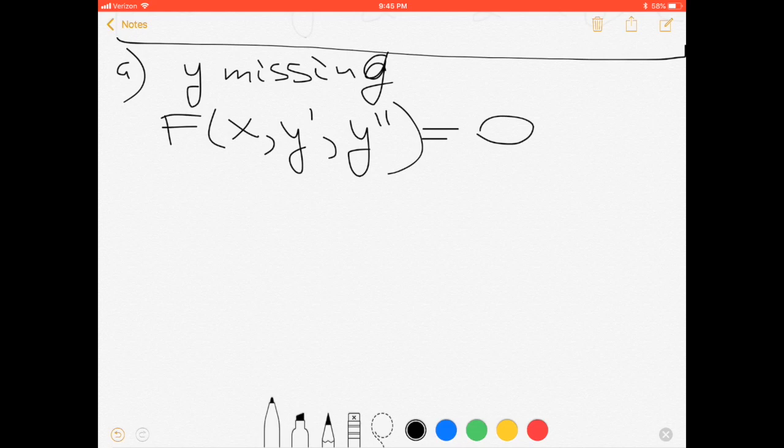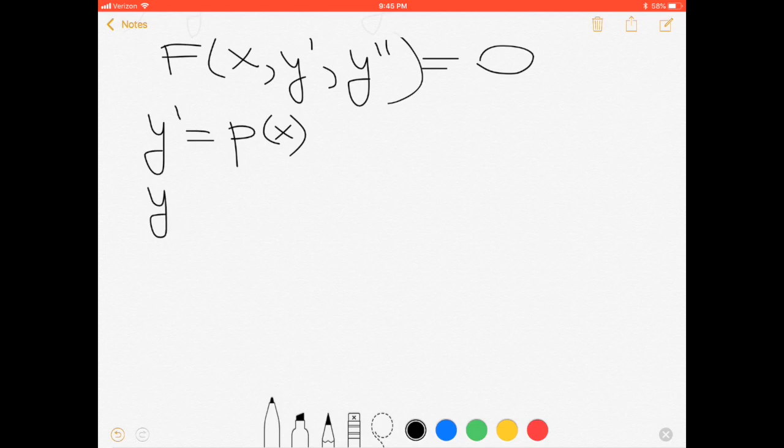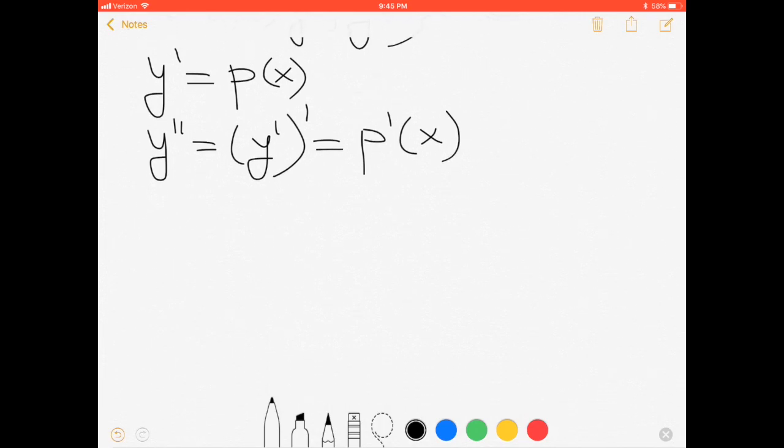Here we have a substitution. I think it's the first derivative. We substitute p, some new function depending on x. Okay. What will be the second derivative? The second derivative is the first derivative taken again. This means p prime. Okay, and our equation now will be an equation where you have x as the independent variable, the function, and the first derivative of this function.